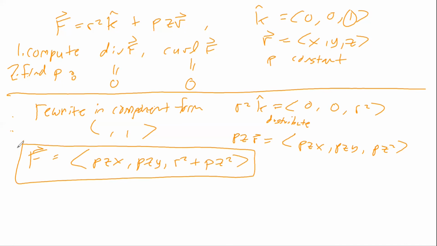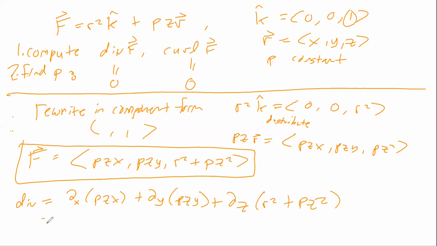Okay, so we now have to use the usual definitions of divergence and curl to compute this. The divergence is always easy. You put the x with the x, the y with the y, and the z with the z. So this reduces to pz plus pz plus the z derivative of r squared plus pz squared. Remember, r squared is x squared plus y squared plus z squared, I forgot to mention that.